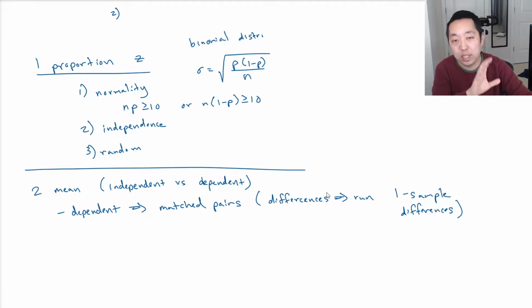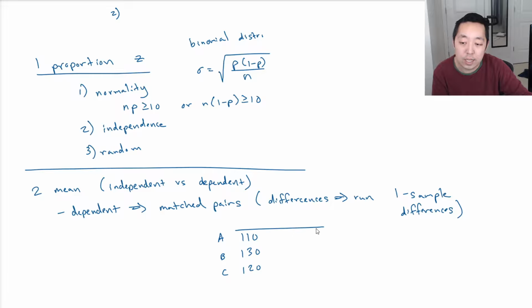As an example, let's do my weight example. Let's say someone weighed 110, one was 130, and one was 120. This is person A, person B, person C. Later on, they measured 115, 125, 140. So this is now, and this is in 6 months.